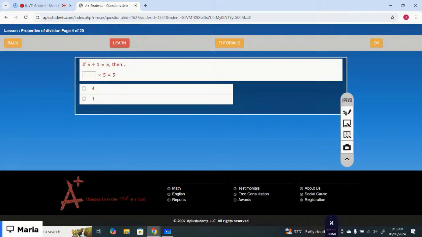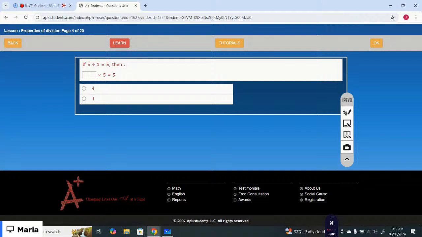If 5 divided by 1 equals 5, then missing number times 5 equals 5. Which is the correct option? The missing number is, very good, 1.